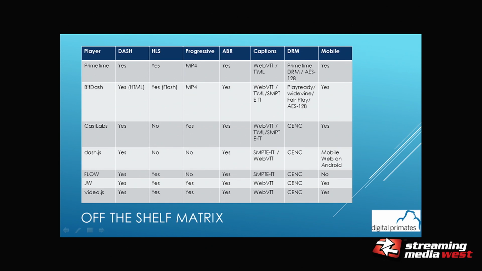They all have some version of supporting DRM. And most have a mobile component to them, although what that means on each platform is pretty wildly different. Some of them have full-on APIs for building out your mobile applications. Others support mobile web on some platforms and not others. So that mobile column itself could be a whole other chart going into far more detail.